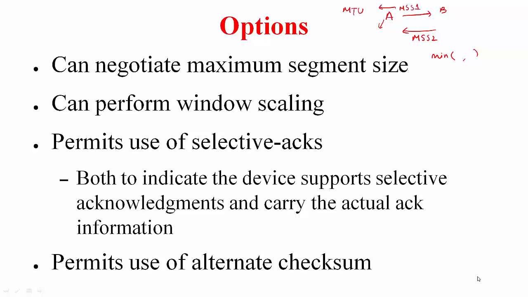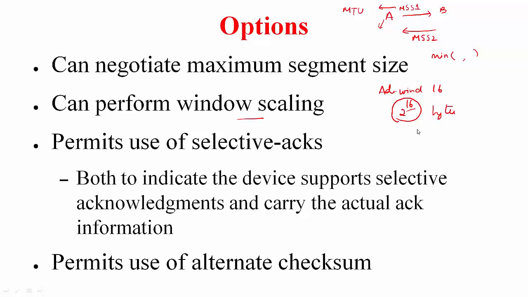Option fields can also be used to perform what is called window scaling. This is part of flow control. If you see the advertised window field, this is 16 bits, which means the receiver can tell its buffer size, and because you are using only 16 bits, the maximum buffer size that can be accommodated is 2 to the power of 16 bytes.